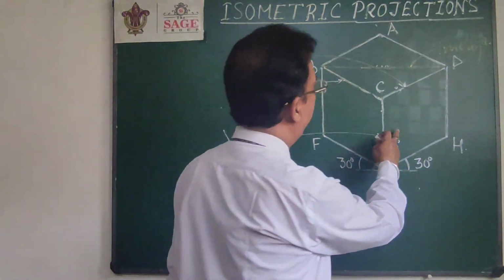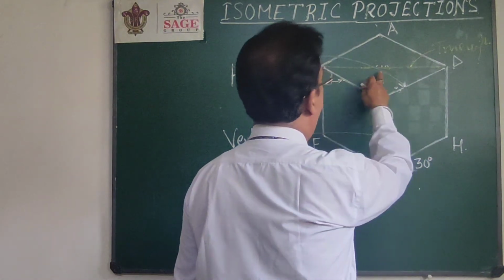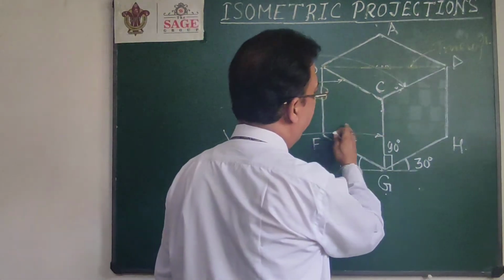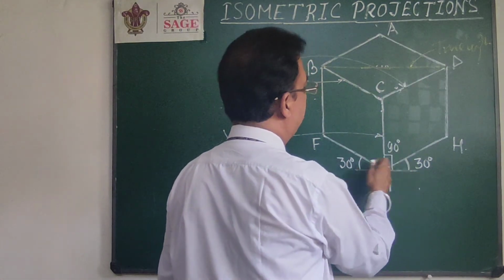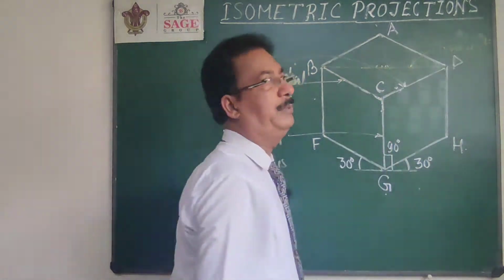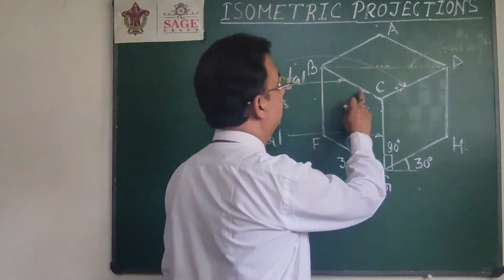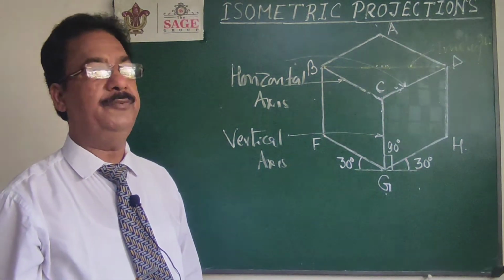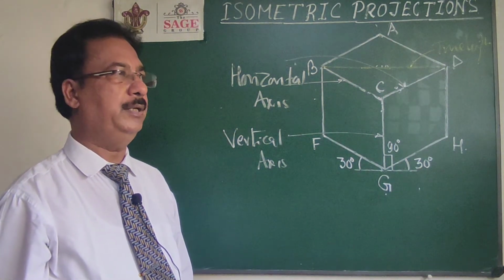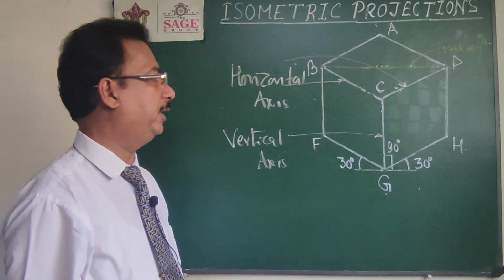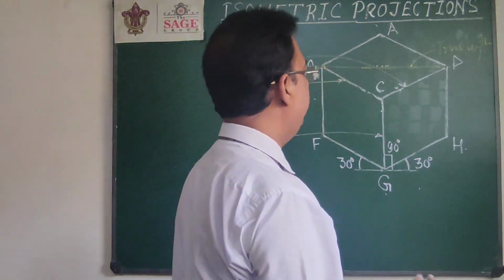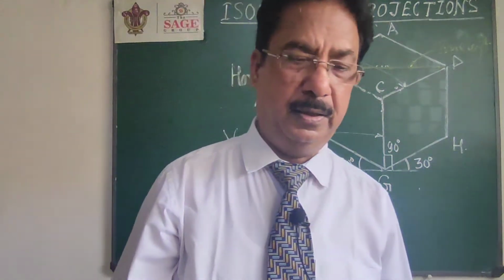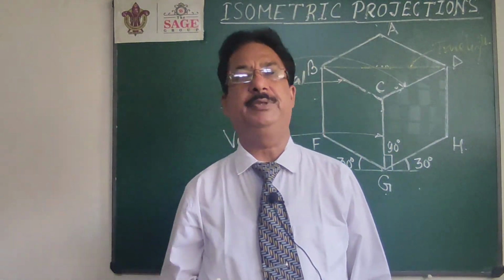In that way, there will be three squares shown as a rhombus in three figures. These two look similar because in these, one axis is 30 degrees and the third is 90. But in this one, this is 30 and this is also 30. So what is the difference? In isometric projection, if the square is the top view, then the true shape of the square is seen in the top view.